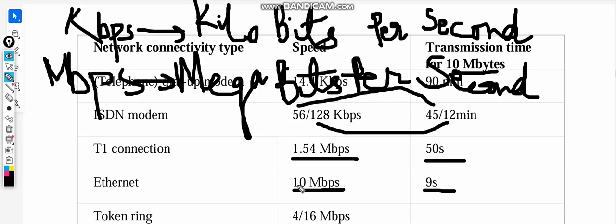Token ring speed is 4 or 16 megabits per second.